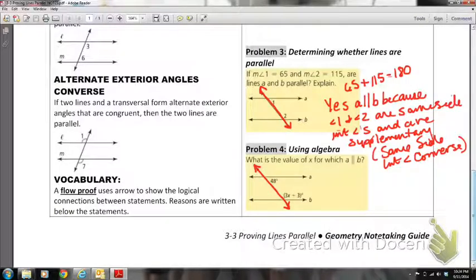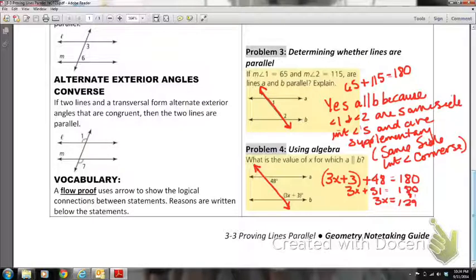So set the two angles. You have 3x plus 3 plus 48 equal to 180. And then solve for x. So we have 3x plus 51 is 180. Subtract the 51 from both sides. You have 3x equals 129.